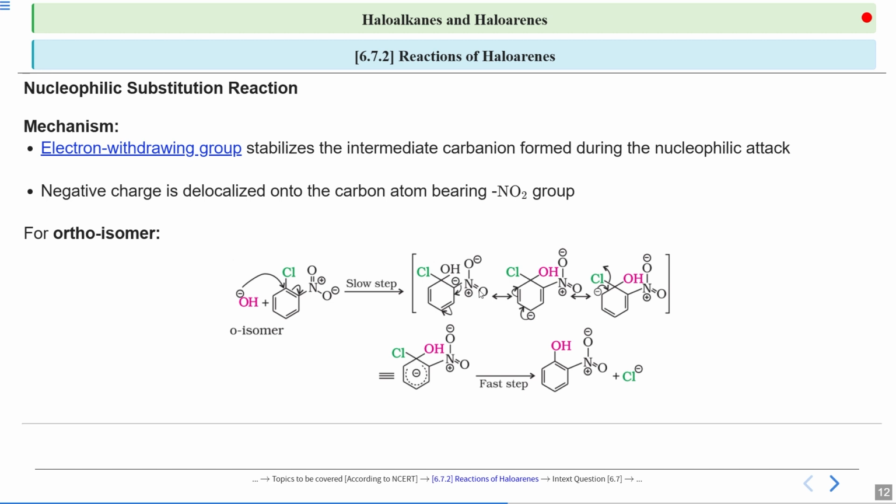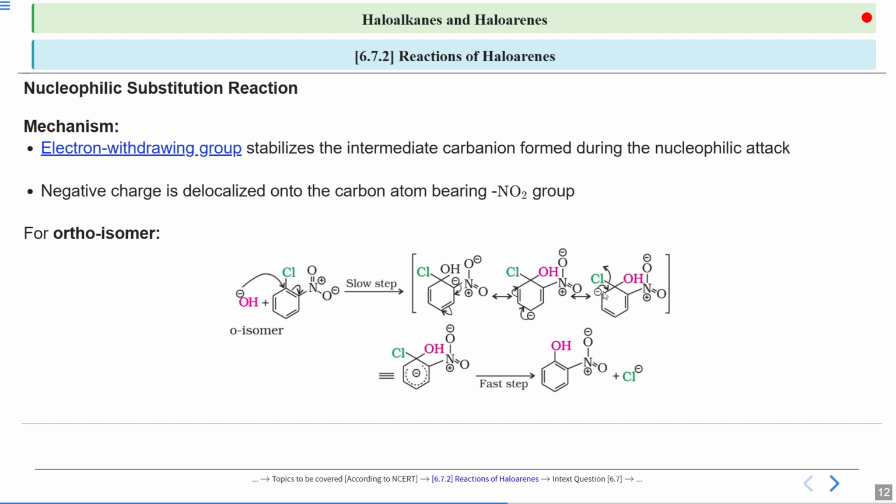Now again, as resonance, this negative charge will shift to the next carbon, and the double bond will shift as well. So the electron pair will shift and be present as a negative charge here, with a double bond formed between these two carbons. Okay, and you will get this structure.